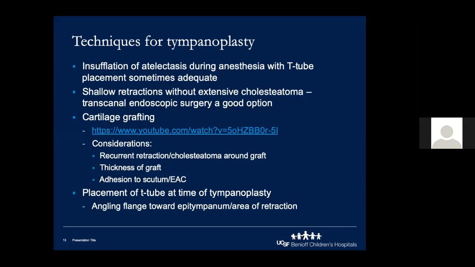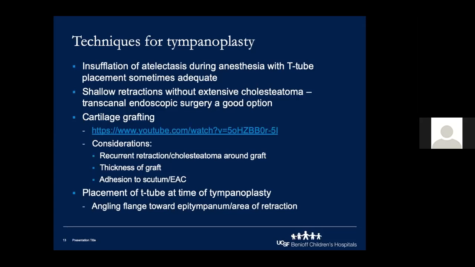Yeah, so one thing I would say is if you are doing a graft without cartilage, either a fascial graft, perichondrium, or a biosynthetic material, placement of a T-tube at the time of tympanoplasty is a nice adjunct. If you're correcting an attic retraction, and it's not too severe, in an adult, you might do this really wide takedown of the scutum.